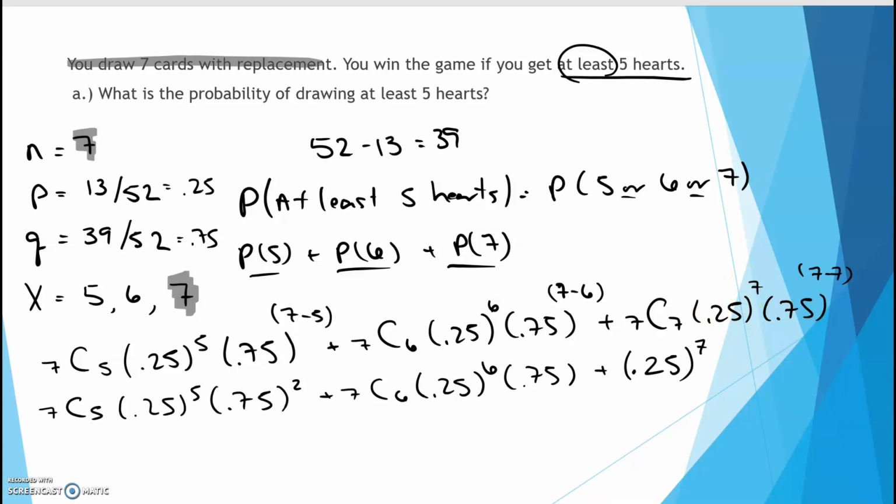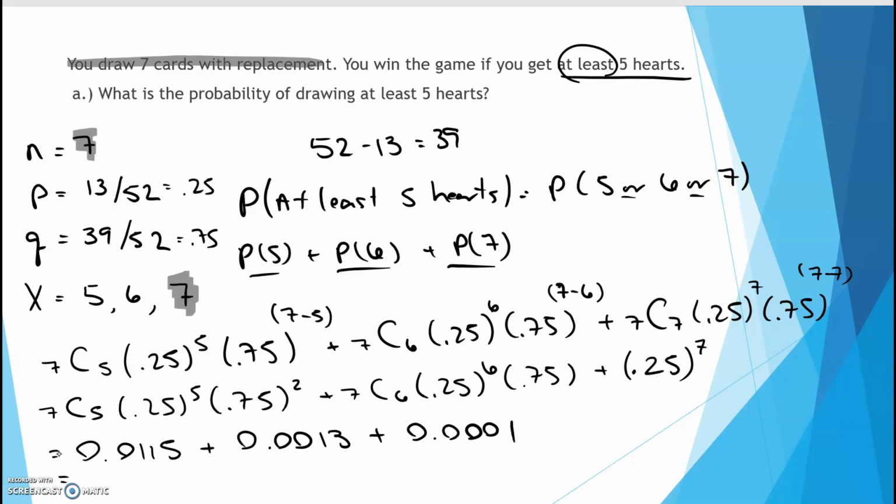Okay, now when I plug this into my calculator, for the first one I'm going to get 0.0115. For the second one I'm going to get 0.0013. And for the last one I'm going to get 0.0001.